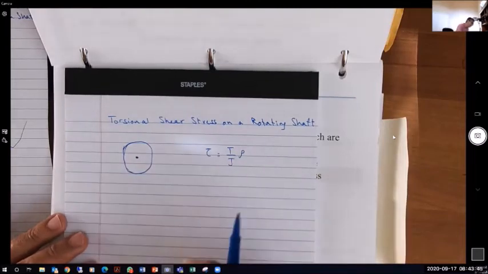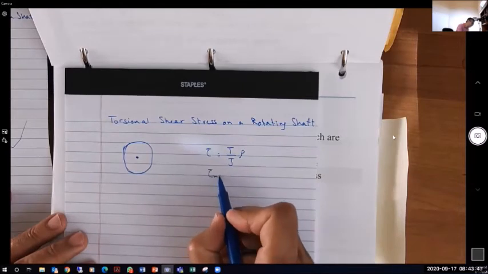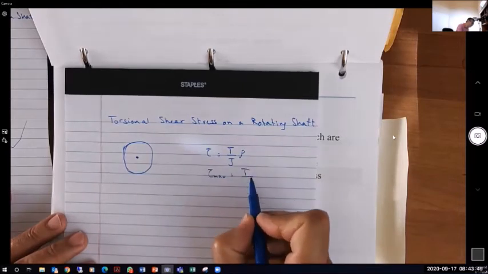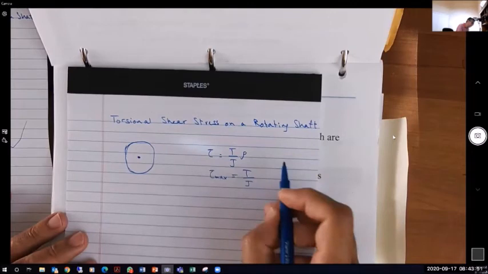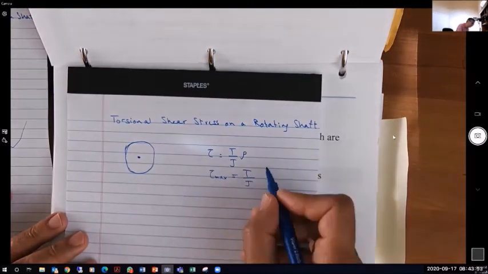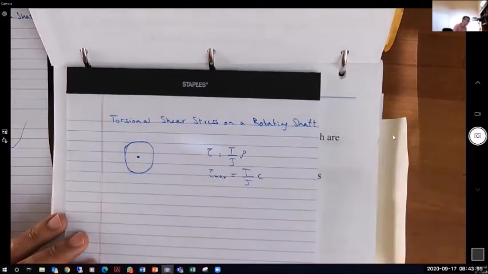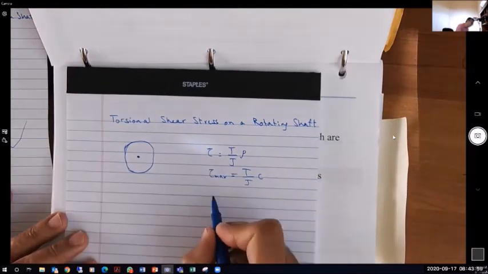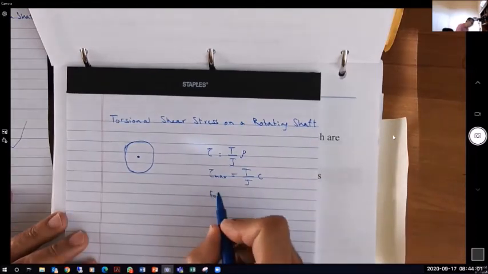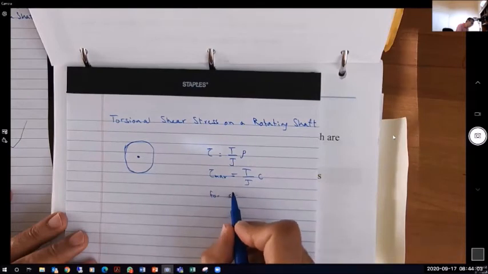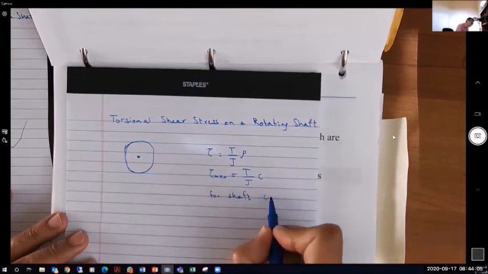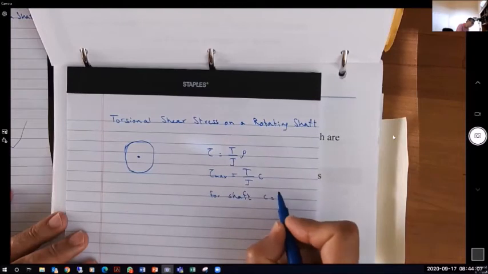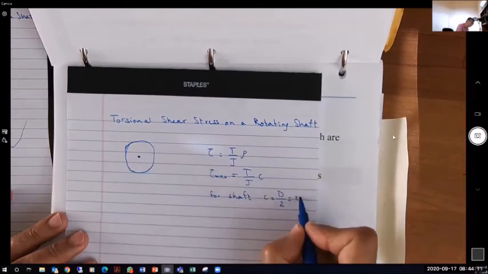With that being said, I can say that tau max is equal to T over J multiplied by the radius, or the maximum distance of rho, which we called c. So for a circular shaft, c would be equal to the diameter over 2, or the radius.